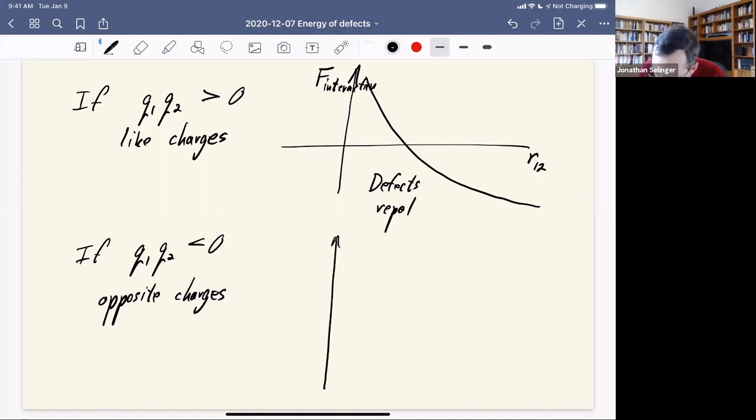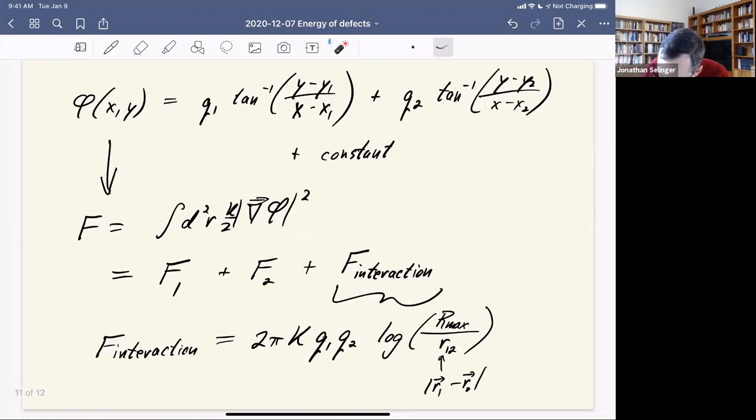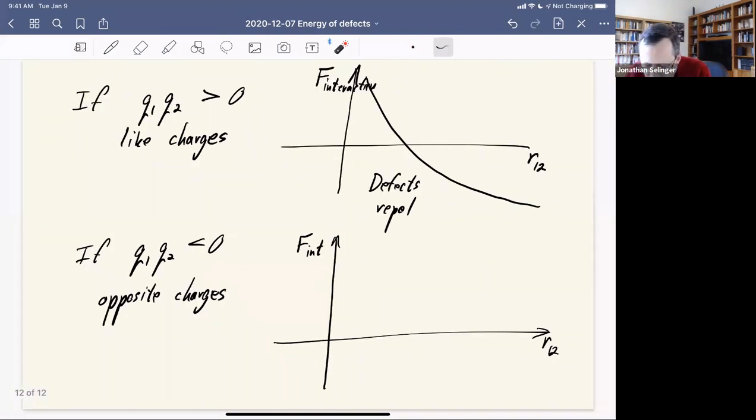And by comparison, if we have opposite charges, then there's this negative number in front times the log of something over the distance, and this is a negative log. So the negative signs cancel, and we are left with an increasing function, something like this.